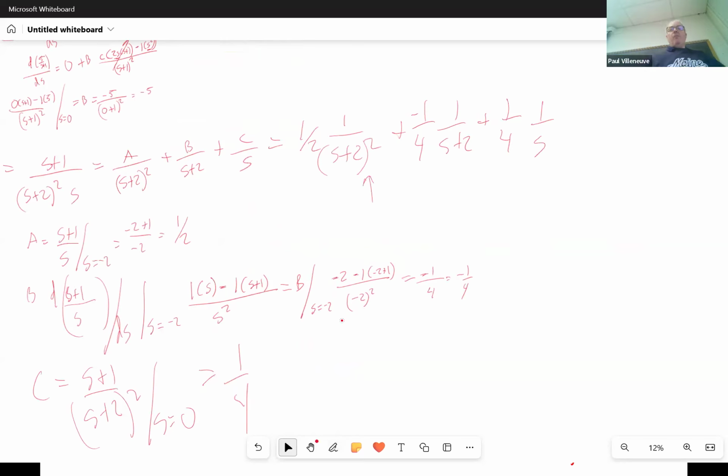This one we have to be careful, right? Because that's t e to the -2t. And remember, this has to be n factorial, right? So n factorial here is, well, this 2 is equal to n plus 1, right? So n is equal to 1.